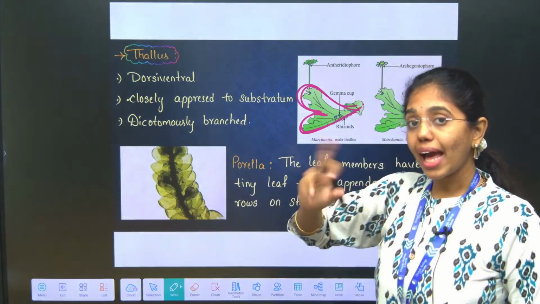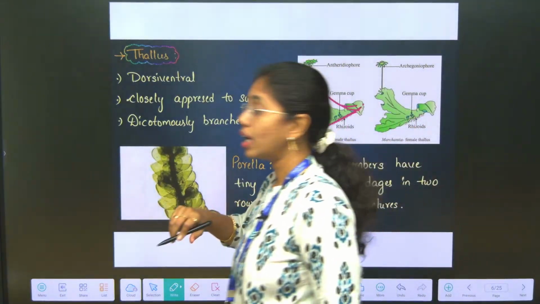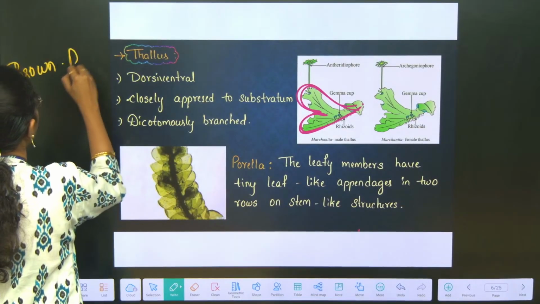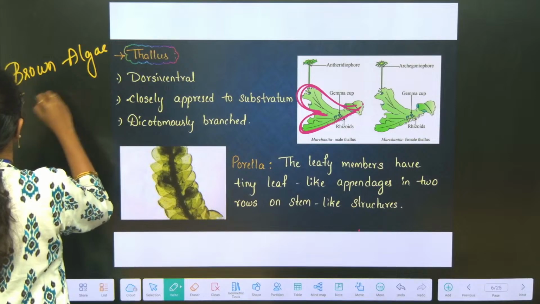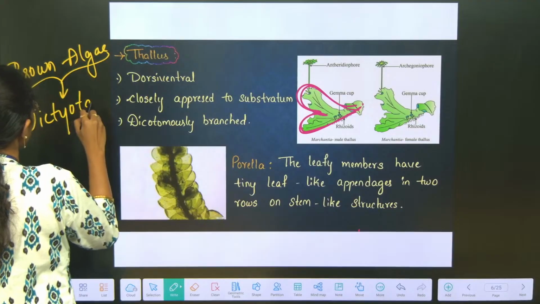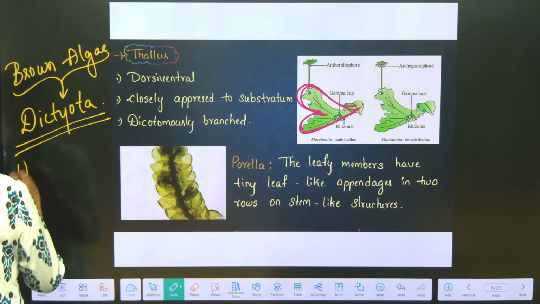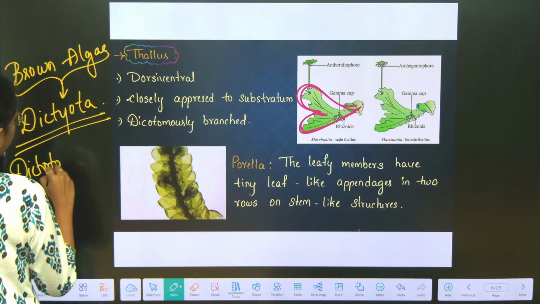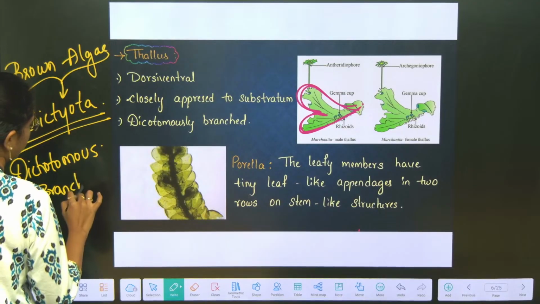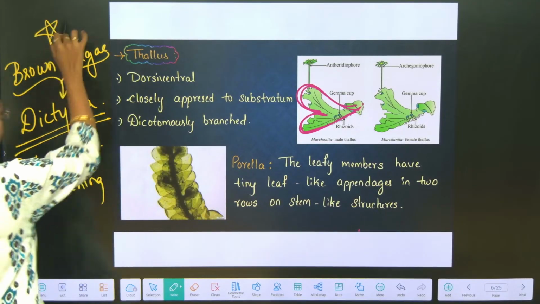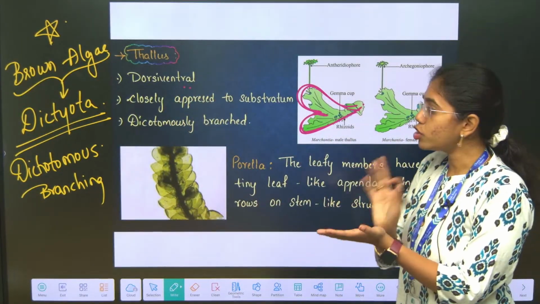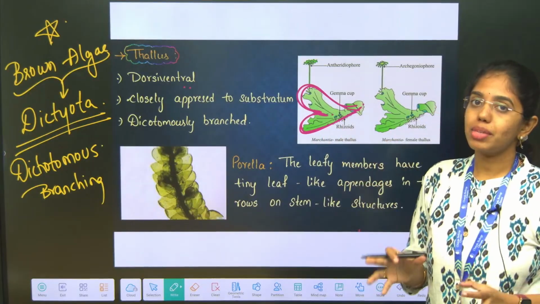In algae also you can see dichotomous branching in one brown alga, that is Dictyota. Clear? Just a comparative analysis, that's it. So here the Marchantia body is dorsiventral, closely appressed to the substratum, and dichotomously branched.